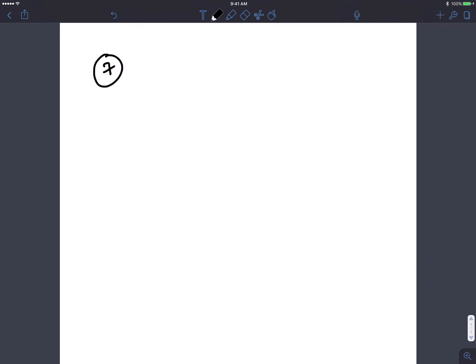Number 7. 0, -2. Our slope here is 1/4. Again, we have an x-coordinate, we have a y-coordinate.